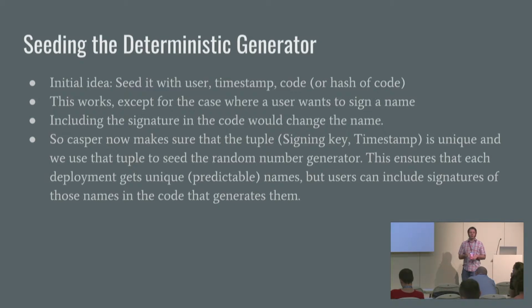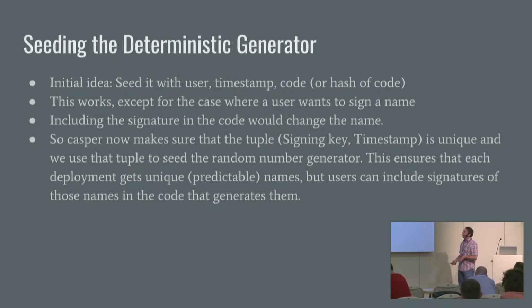The reason that we decided not to do it this way is that a user might want to sign a name that gets generated and put the signature of that name in the code. And general hash quines are not a solvable thing, and signature quines are probably even worse. So that's a no-go.